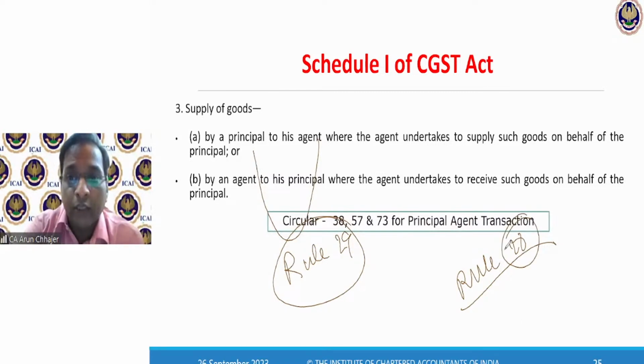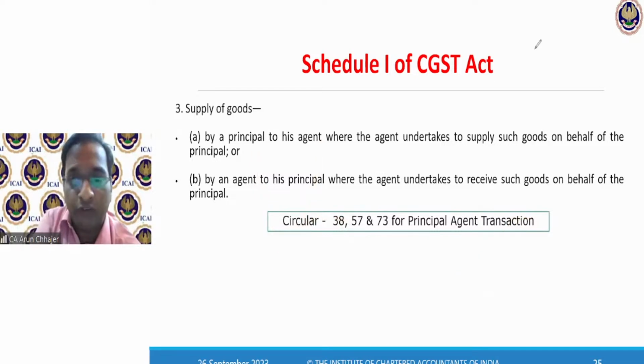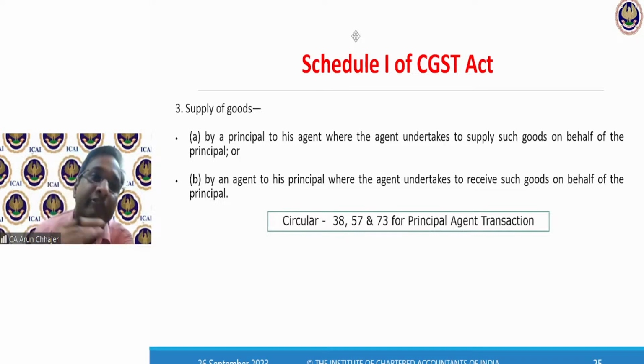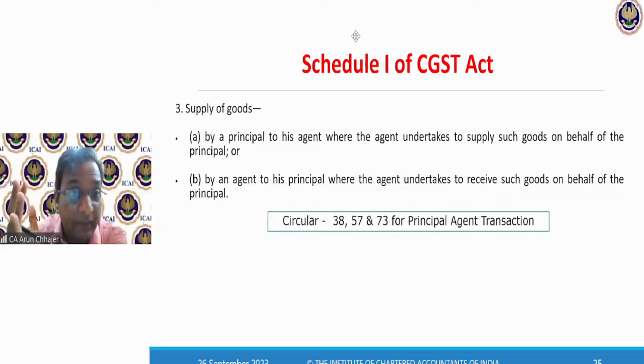In the last para 2, we discussed related party or distinct person, so for that there is rule 28, the valuation rule. You might ask, sir, on which value the GST would be paid, because it is a free of cost transaction. So there are separate valuation rules. Rule 28 is for the related party and distinct party. Rule 29 is for the principal and agent transaction.